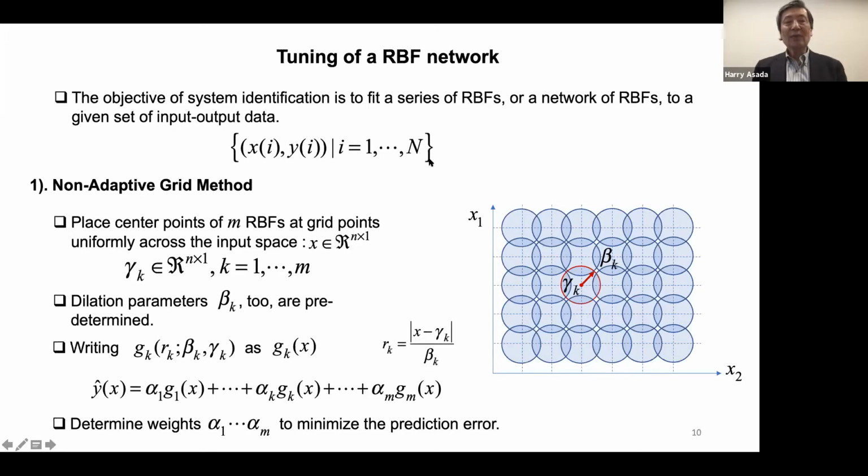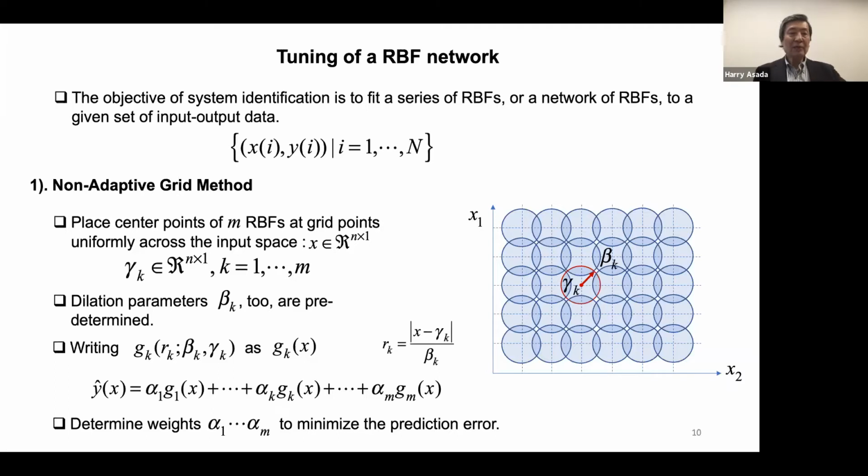So what we need to do is fit a series of radial basis functions so that the set can approximate the input to output data appropriately. There are two methods. One is easy, the other is a little hard.